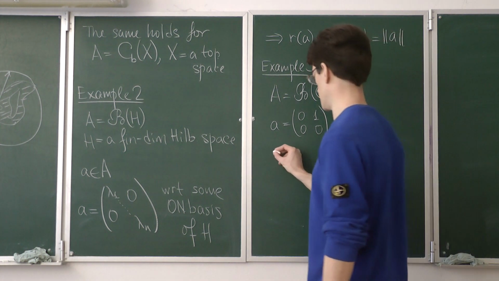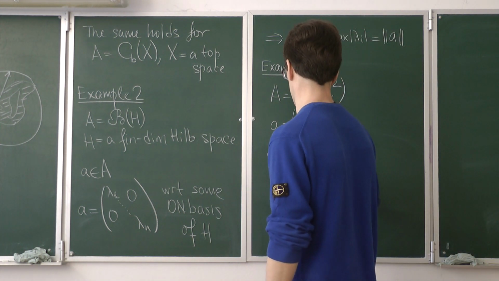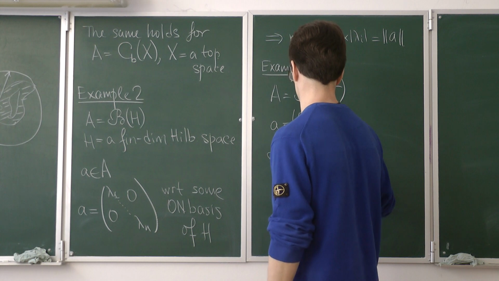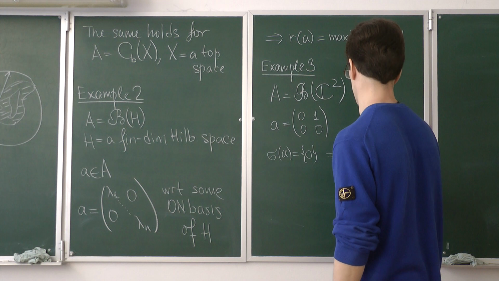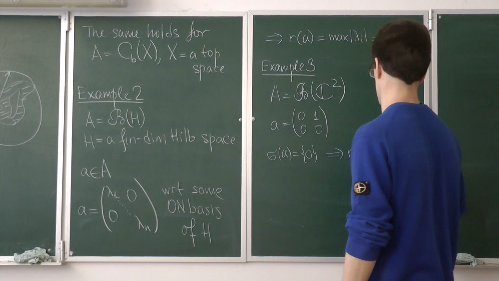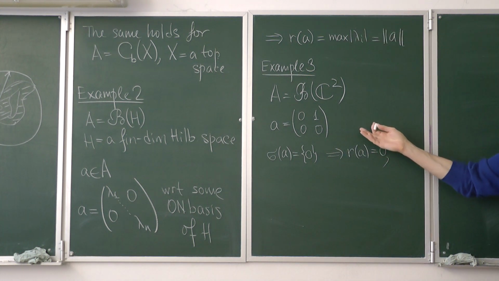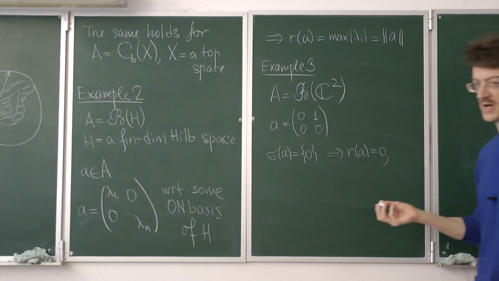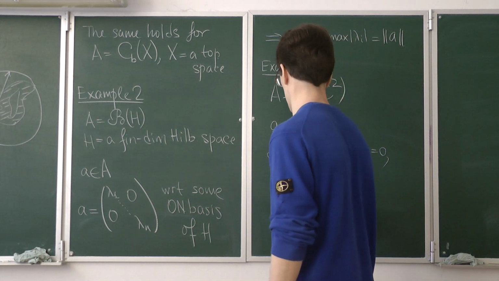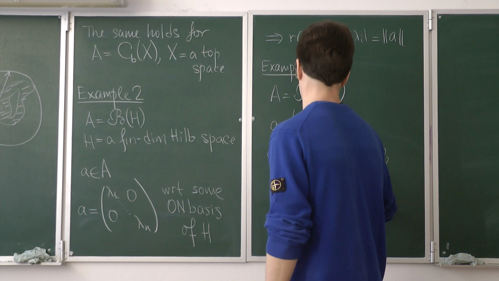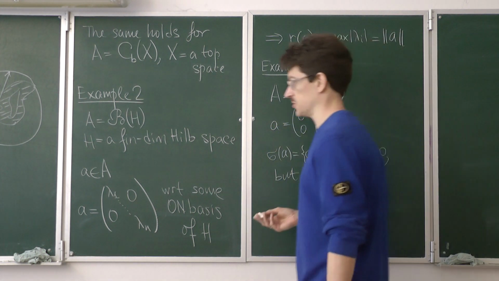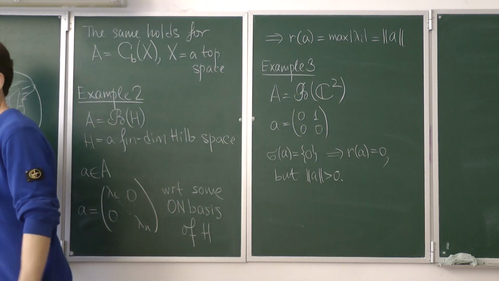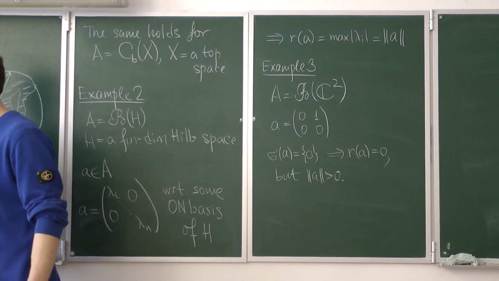So we see that the spectrum is 0. So the spectral radius is also 0. But of course, the norm of this operator is positive, because the operator is not 0. So this example shows that this inequality is strict in general.